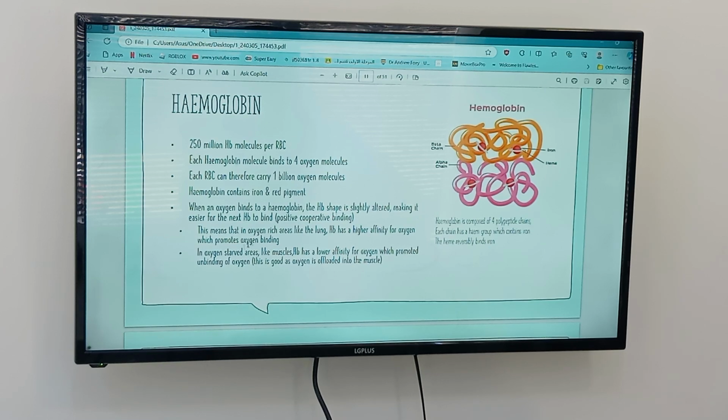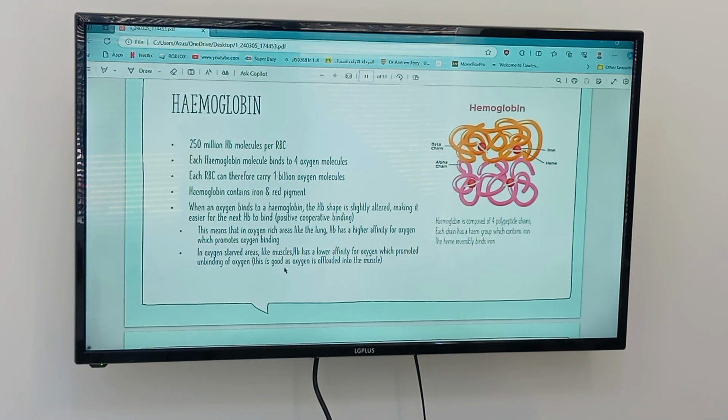In an oxygen-starved area, like muscles, you know what a starved area is, that's an area lacking a lot of oxygen. They need more. Okay? Starved. Hemoglobin has a lower affinity for oxygen, which promotes unbinding of oxygen.